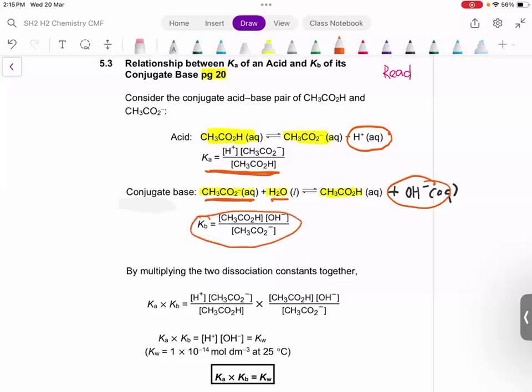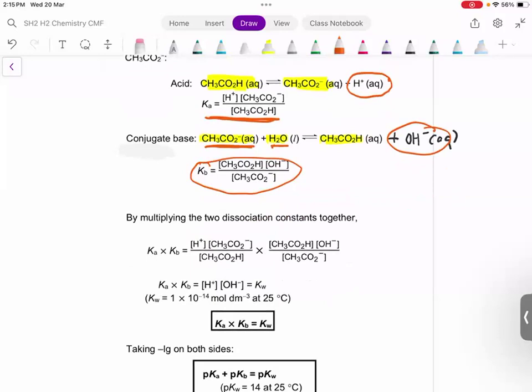When you multiply the Ka and Kb together, this and this will cancel, this and this will cancel, and you end up with only the concentration of H plus and OH minus. And what is that? Your Kw. So Ka times Kb of a weak conjugate acid-base pair equals Kw, because we are always working in aqueous medium.